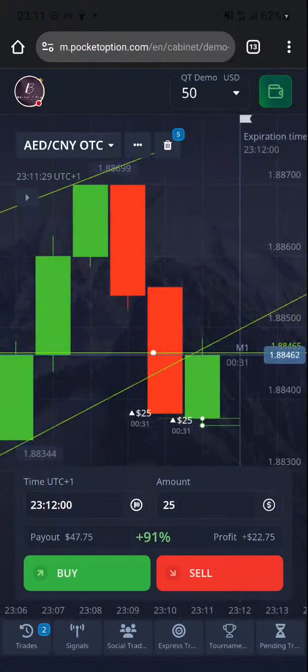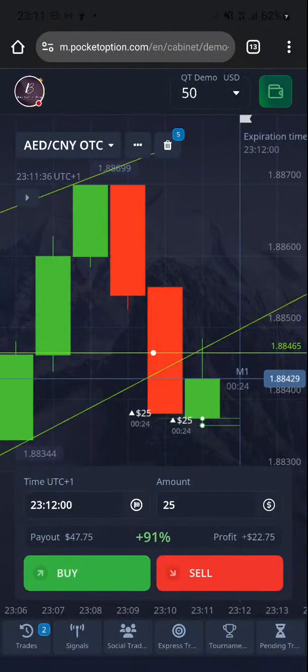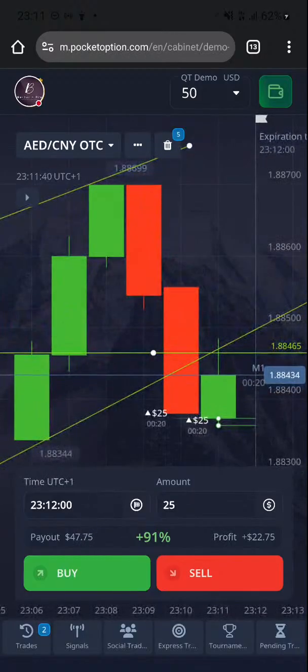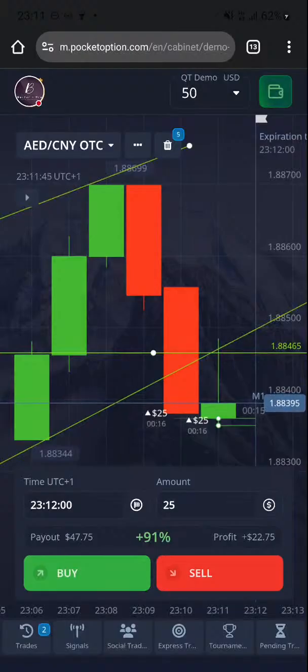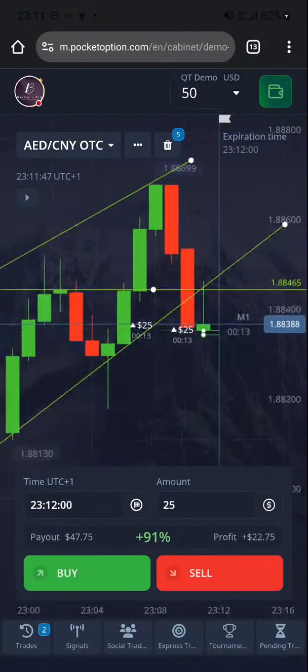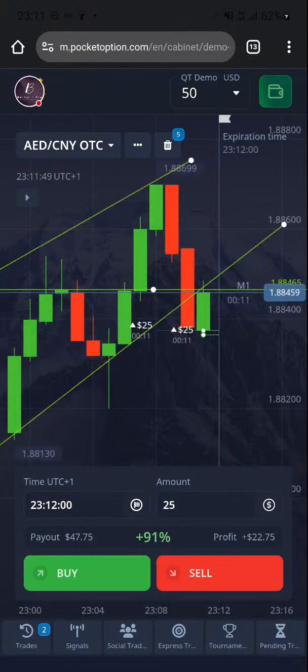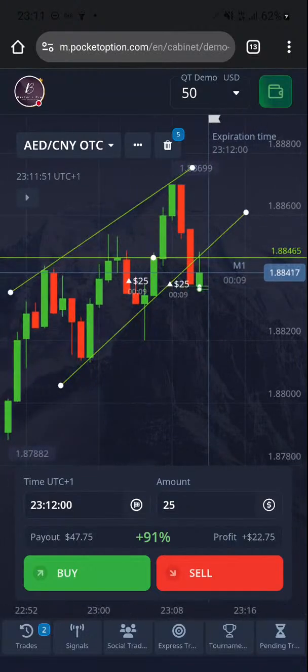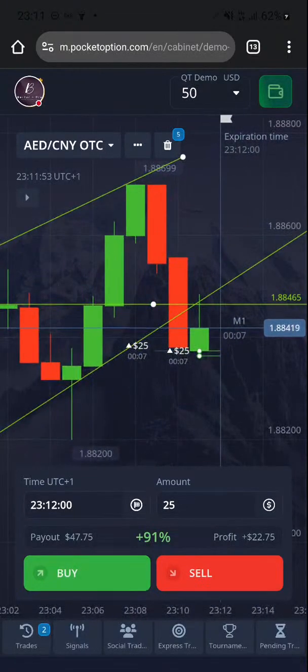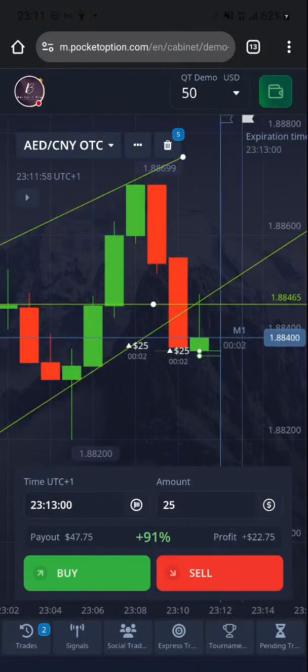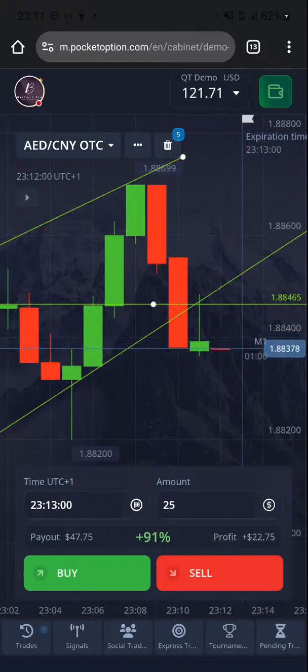We also have a pattern called a 3-bar down pattern, and this particular candle is a Marubozu candle, so we can expect a retracement. Let's just see. We have 6 seconds left. 3, 2, 1. That's good.